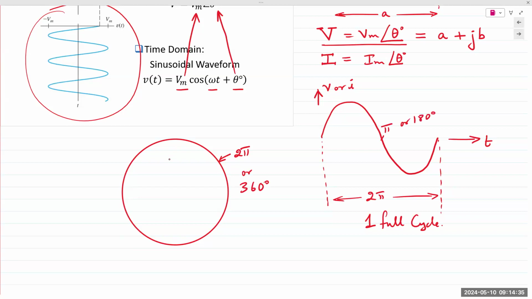And a quarter cycle would be pi by 2, or 90 degrees. So in radians or in degrees. But as I said, in our time domain expression, we keep the phase shift separate in degrees. For mathematical purposes, we want to describe the time varying signal, the time domain signal, as a rotating vector. And for that, we need the angle. Okay.